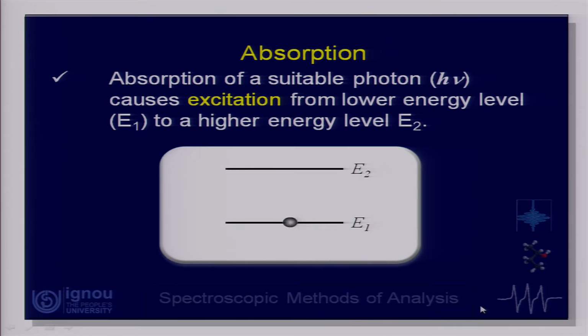Now, the radiation comes as a photon. As per the quantum mechanical description of radiation, we know that it is a stream of photons. Suppose a photon strikes the molecule in a lower energy state; the molecule can pick up energy and go to a higher energy state. This process is called excitation, and the molecule now becomes excited.